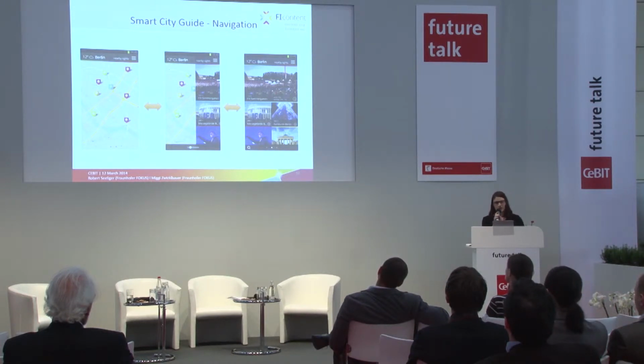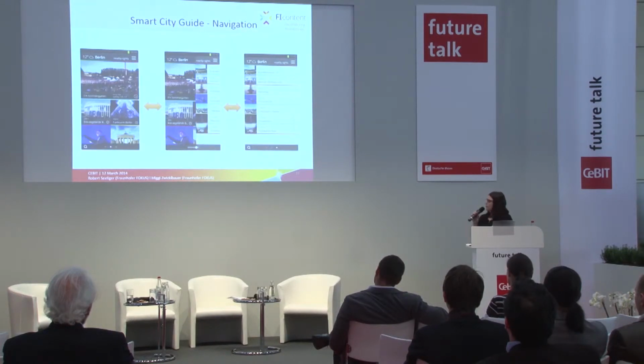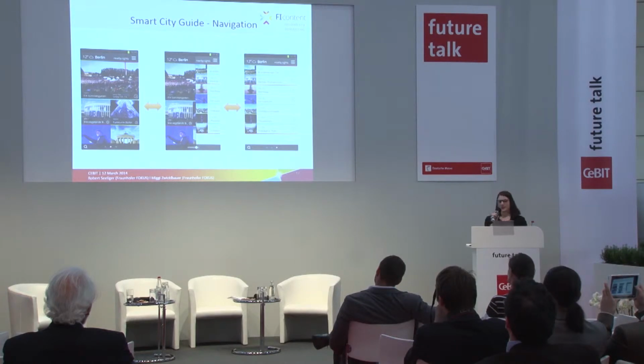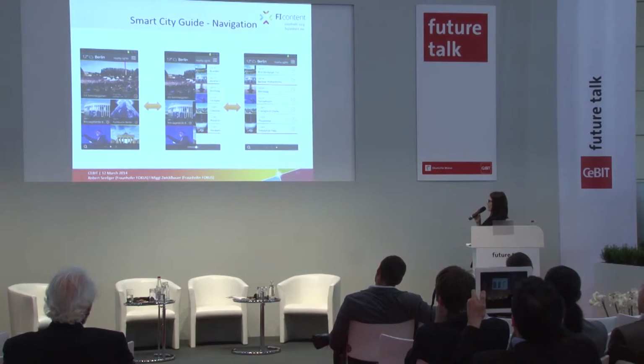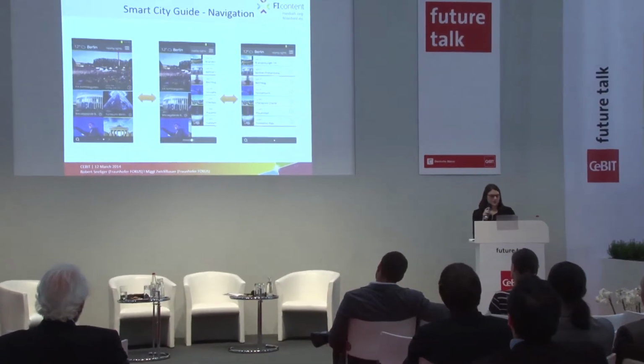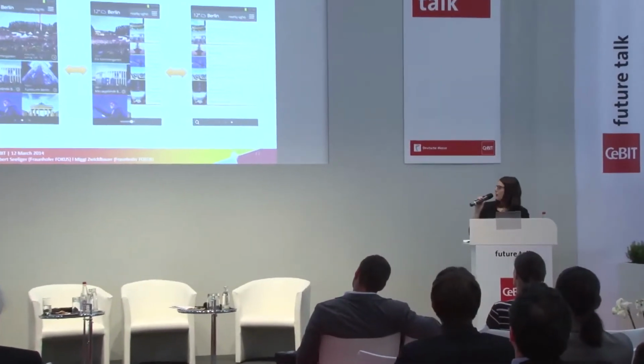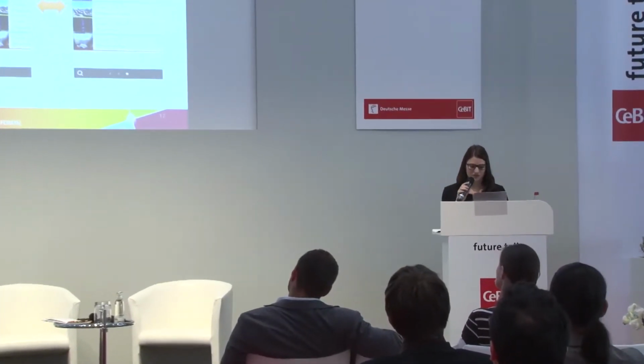All information like the pictures, the names, and links are from the Open City database. So you have another traditional layer, the list layer, where the content is. There you have the pictures, the name, and how far you are from this point of interest.